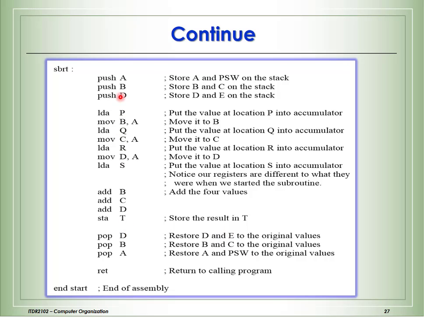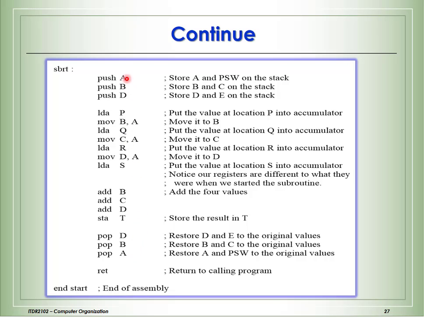Now, as I told you about the working nature of the stack, it will push the data and then pop the data. How will the stack work? As I told you, first in, last out.